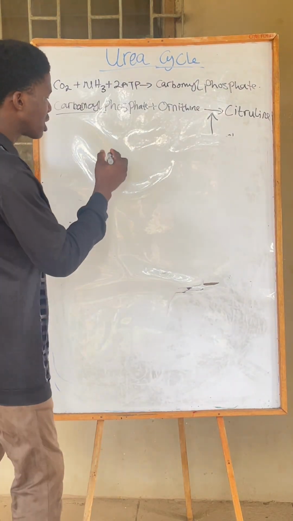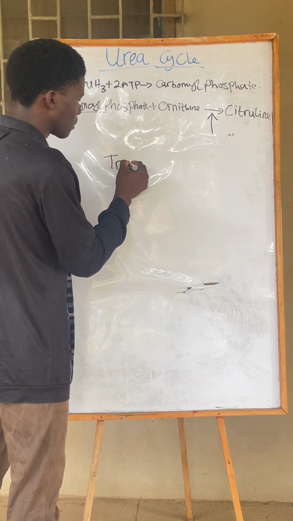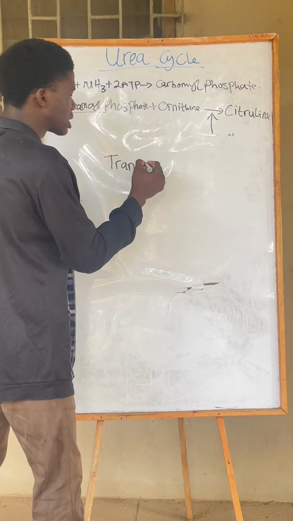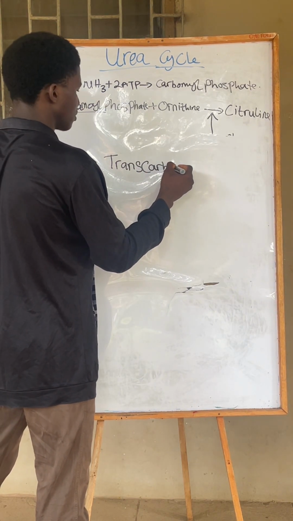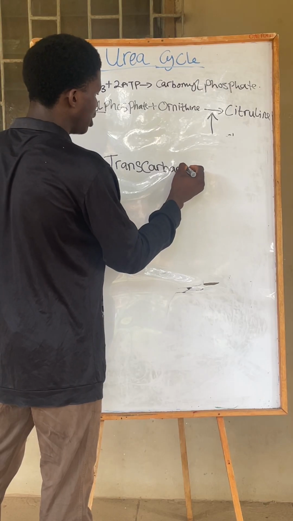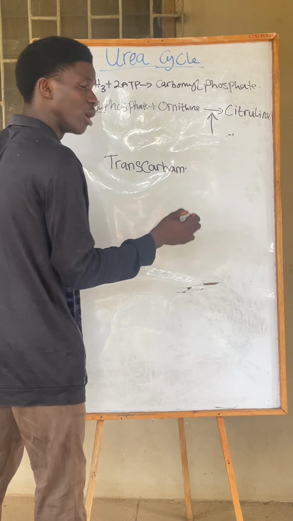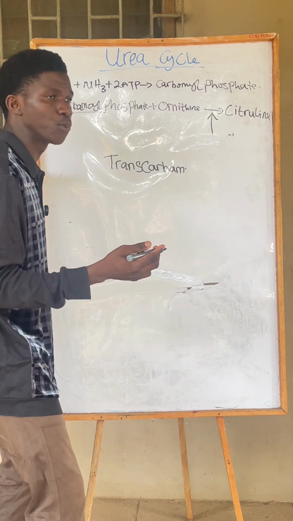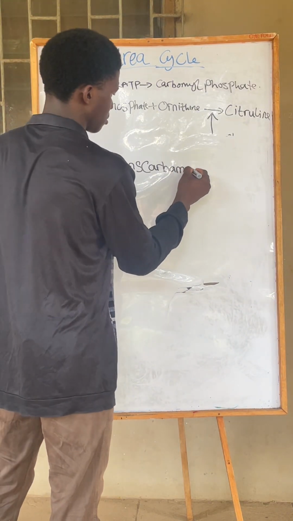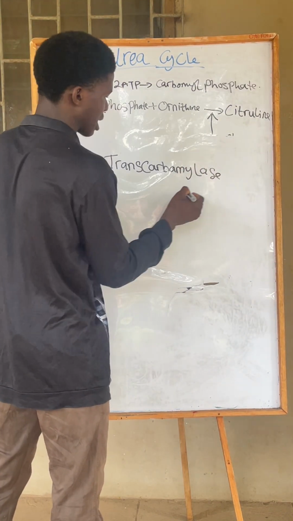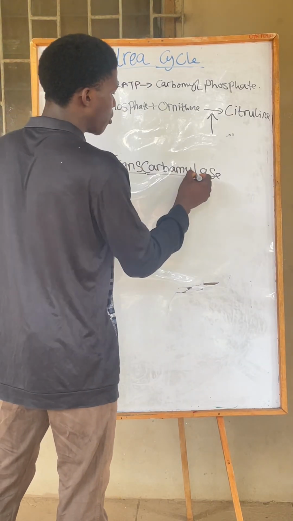So we call it trans, that is it transfers carbamyl, but because it is an enzyme you just have to put the lase there. Do you understand it? So transcarbamylase.